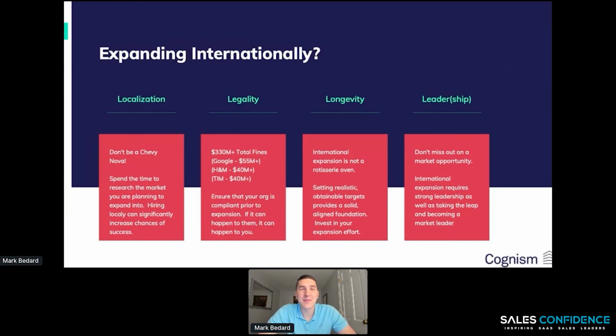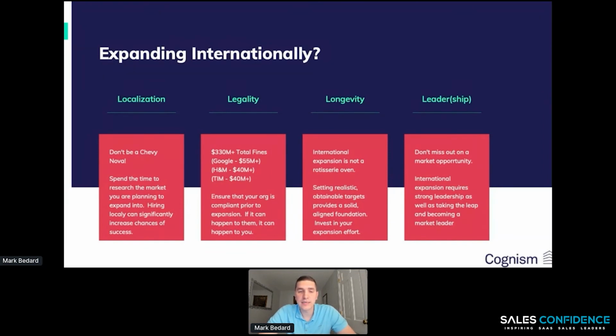and help you think about some of the things, obviously, that are a little more in depth. Legality. We'll dive real quick into this. I'm flashing up a lot of fines there, and that's GDPR fines to date, right? So over $330 million of total fines.